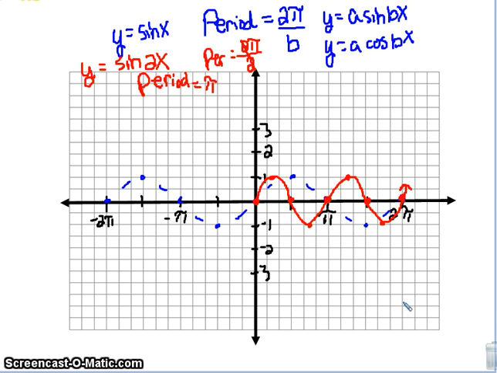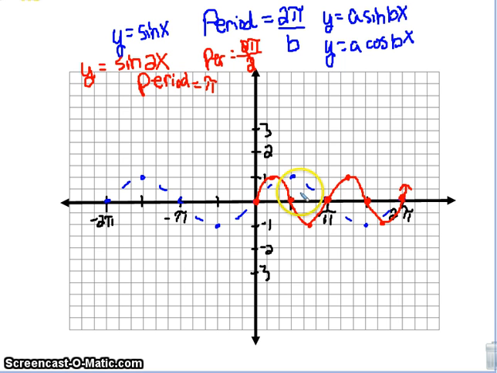How many complete cycles do I have in a measure of 2 pi? 1, 2, 2. It's got to go up and down, so 2. So what is my b, guys? 2. My b is 2. So that's how many complete cycles I'm going to complete. The number of complete cycles you have to make, yes.